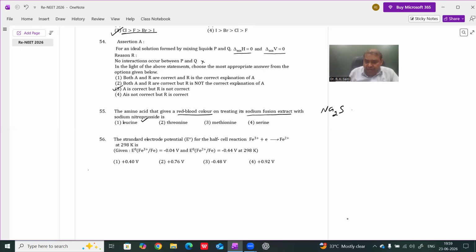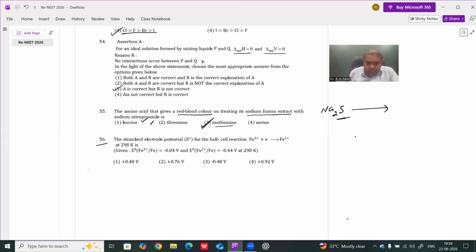And when the ionic sulfide is treated with sodium nitroprusside, then a red or purple color, a blood red coloration, is obtained. This question is a test of the sulfide ion, and we know that only two amino acids, namely methionine and cysteine, contain sulfur in their structure, and methionine gives this test due to the presence of sulfur. Next, question 56.